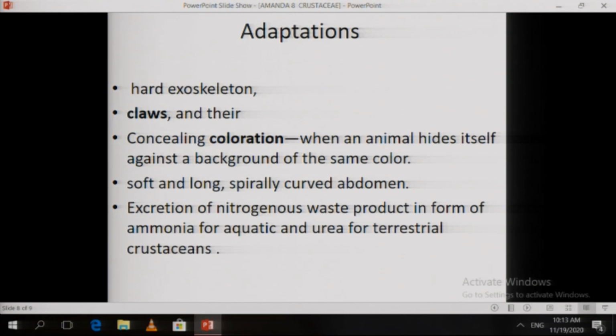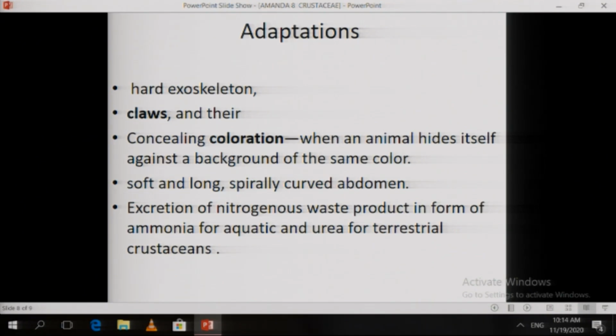All right? What is the role of those things there? The role of those things is to trap the prey when they are feeding. It helps them to trap the prey when they are what? When they are feeding, all right? So another thing, color. Their body color normally mimics the color of the environment where they are.